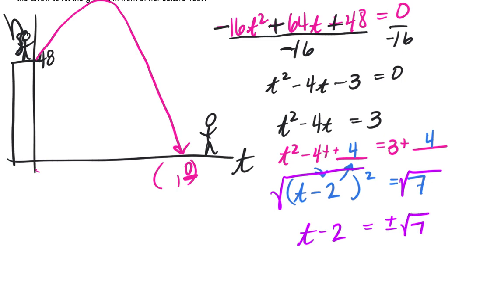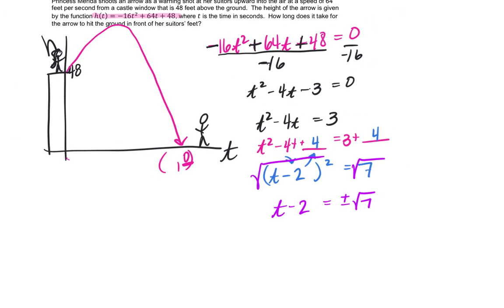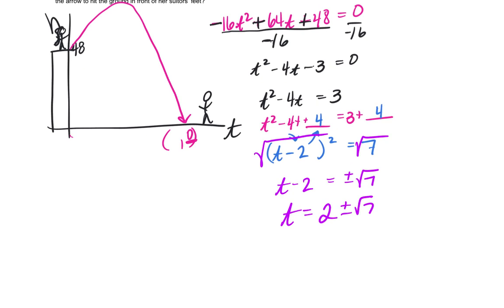So again, we're trying to find out how long it's going to take to hit the ground. We're not going to say, oh, it's going to take 2 plus the square root of 7 seconds, because who's going to even know what that means? So plug it into your calculator. You got 2 minus the square root of 7 and 2 plus the square root of 7.